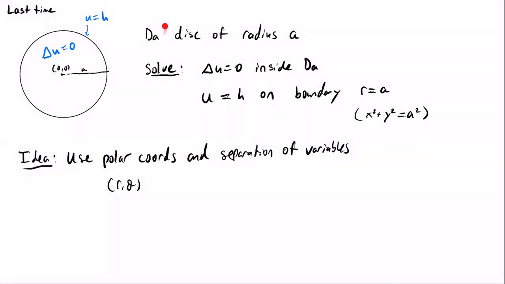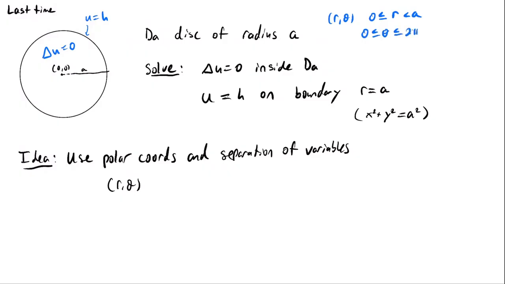Right, so our domain for the first part of the lecture will be a disk, which I'll call D sub a. This is the disk of radius a centered at the origin. In polar coordinates, you can describe this disk as the set of points (r, theta) with radius r greater than or equal to 0 and strictly less than a, and the angle theta between 0 and 2 pi.